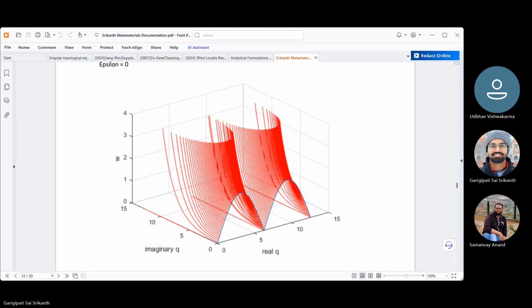But the thing is, there is also an imaginary q, and if we plot the corresponding frequencies for both real and imaginary q, we can get a plot something like this. So this is like a surface.